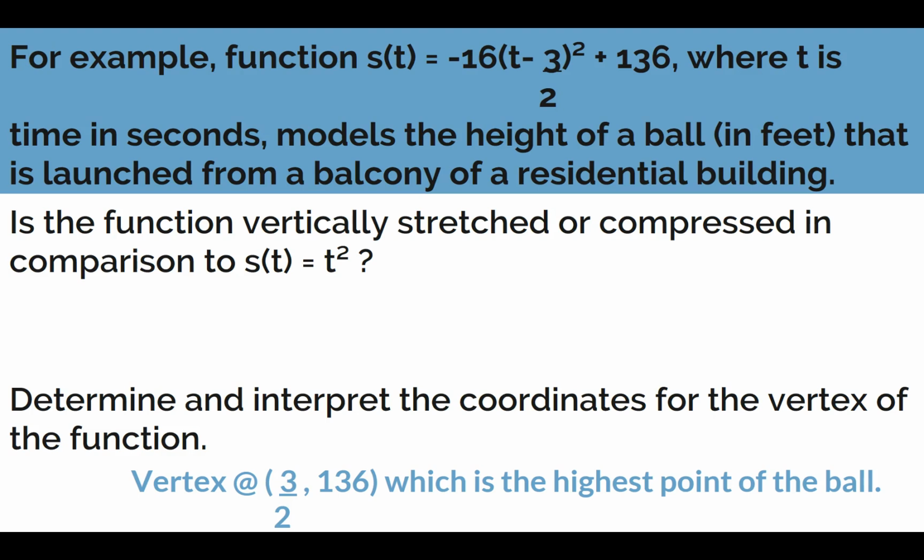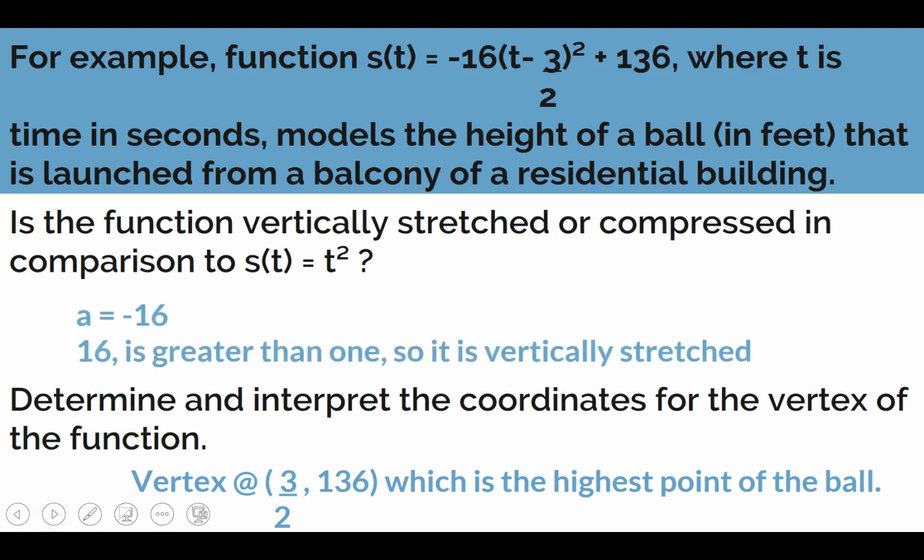So since 16 is bigger than 1, we're going to have a vertical stretch for this problem. So because my a value was 16, that number is bigger than 1, so it will be stretched, meaning it's going to be more narrow. It's going to increase and decrease at a faster rate.